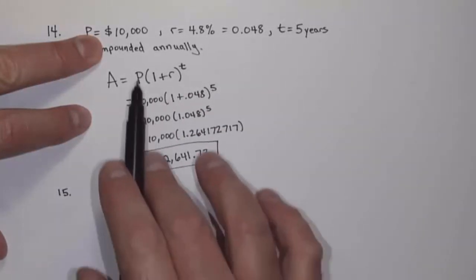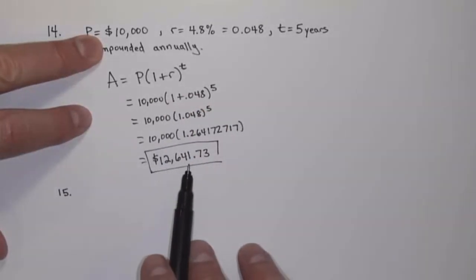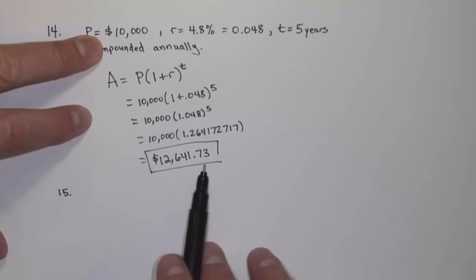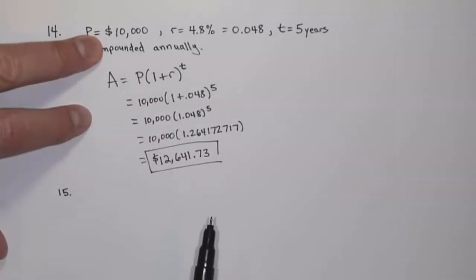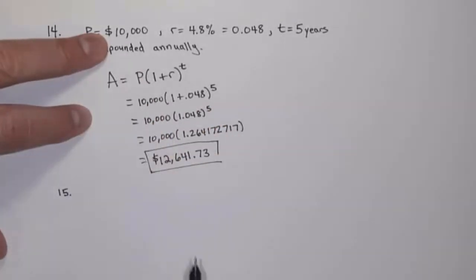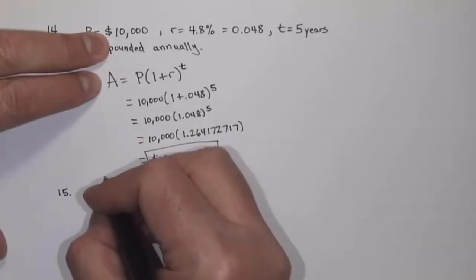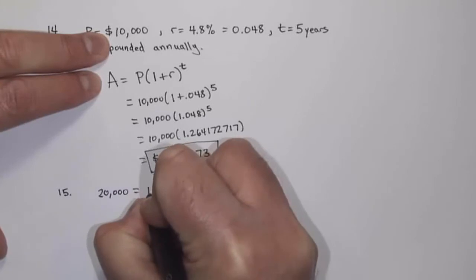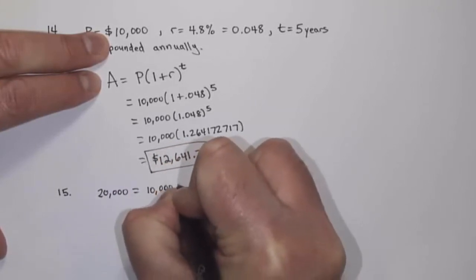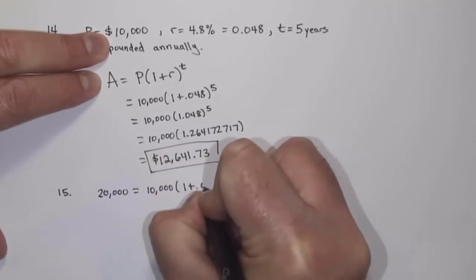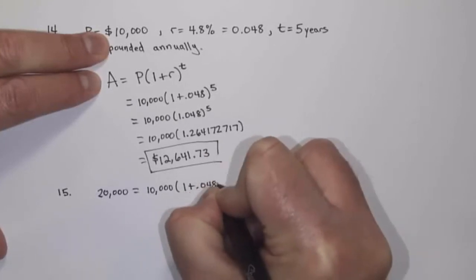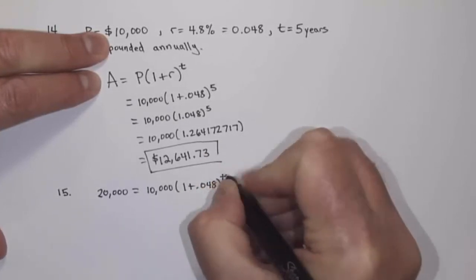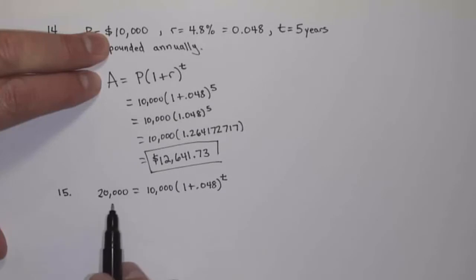So in 5 years, the $10,000 had grown to $12,641.73. We want to know how long until it reaches double, or $20,000. So I want the amount to be $20,000. My principal is $10,000, and 1 plus my rate, 0.048, raised to what number of years would it take to get this to be 20,000?